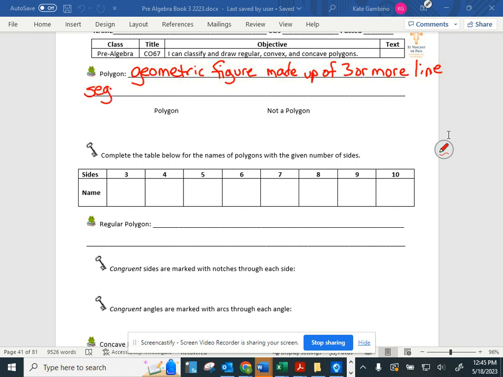So three or more line segments that intersect only at their endpoints. They're closed figures, okay? No open. Closed figures. They intersect at their endpoints, closed shapes.